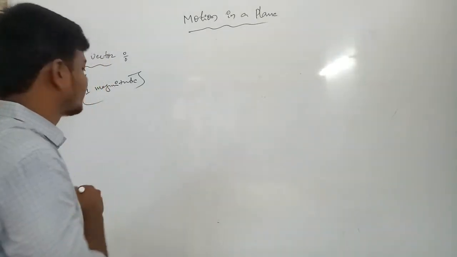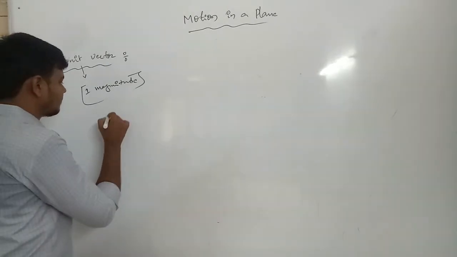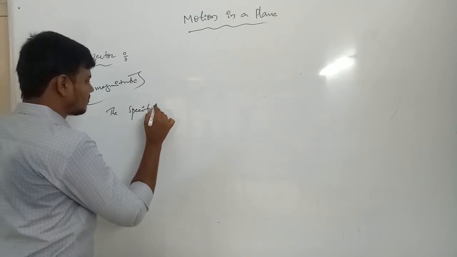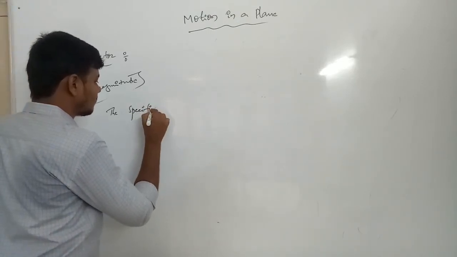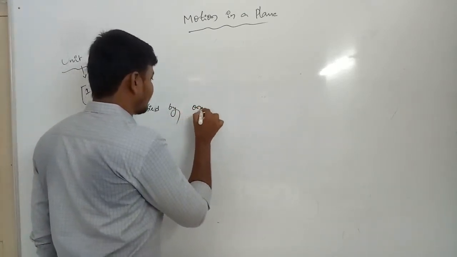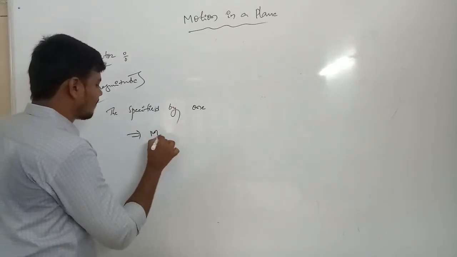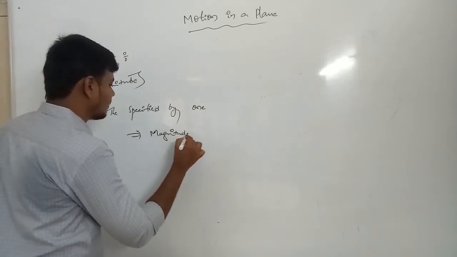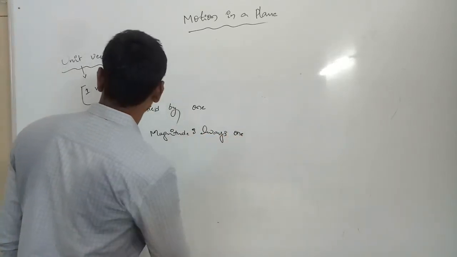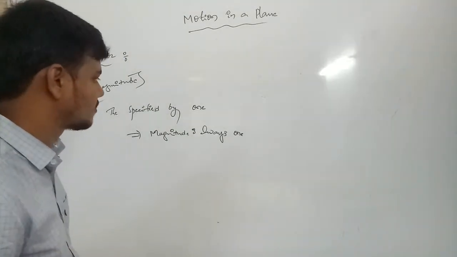The magnitude always 0 is known as a null vector, and the magnitude always 1 is known as a unit vector. Clear? A unit vector is one whose magnitude is always 1.